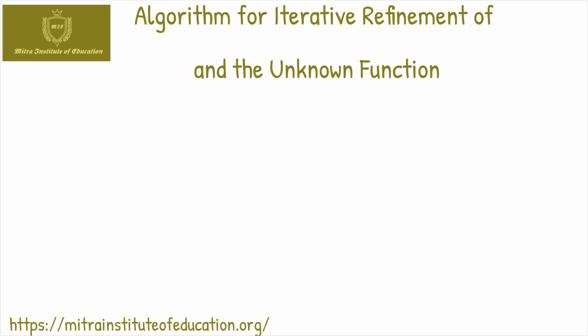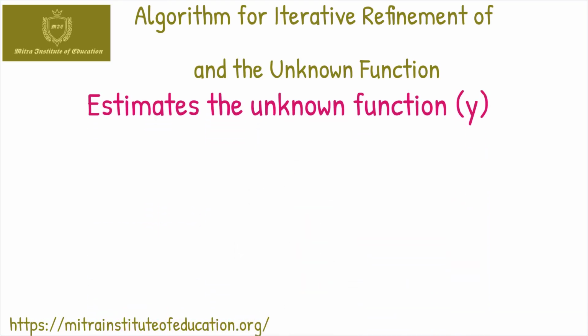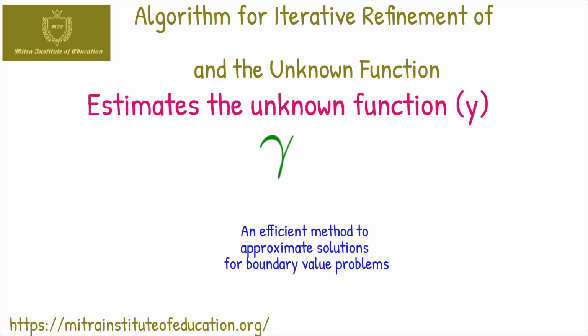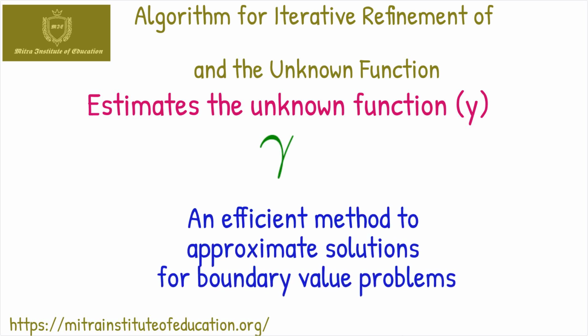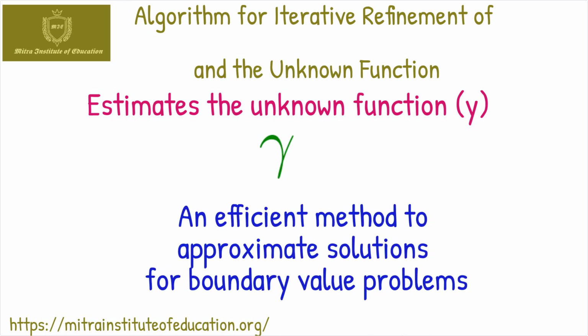This algorithm iteratively refines estimates for both the unknown function and the missing value, gamma. By continuously improving these approximations, it provides an efficient method for solving boundary value problems and obtaining accurate solutions.